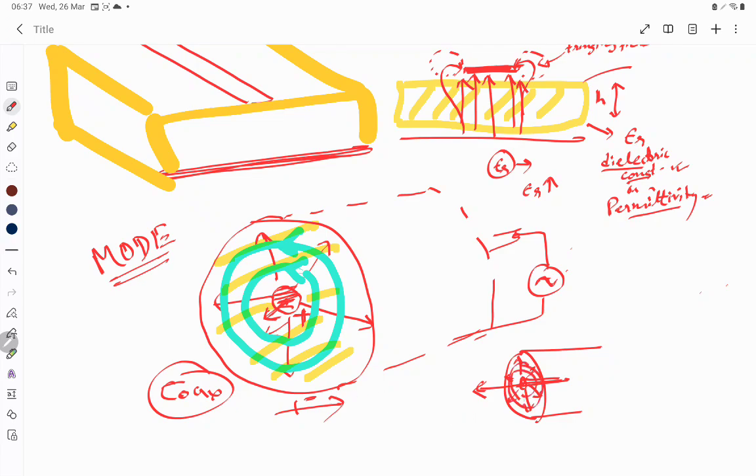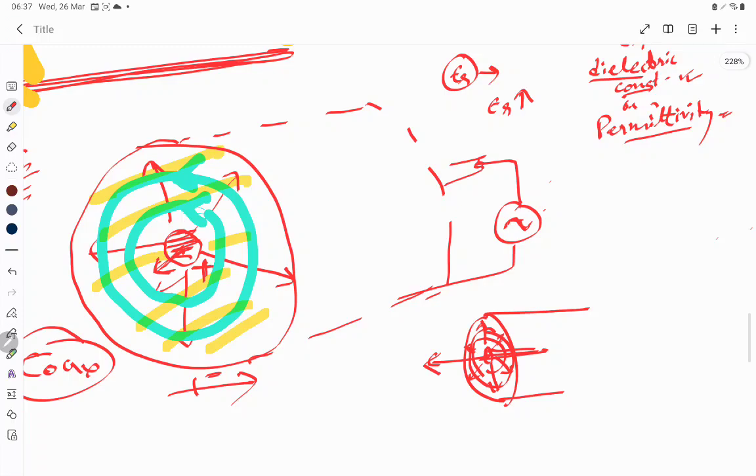So this particular orientation of the electric field with respect to the propagation direction of the actual signal is named transverse, or transverse means perpendicular, orthogonal: transverse electromagnetic, or in short, TEM mode.